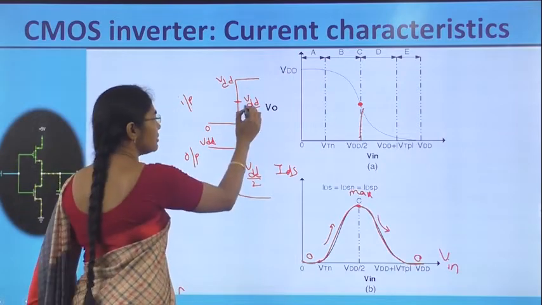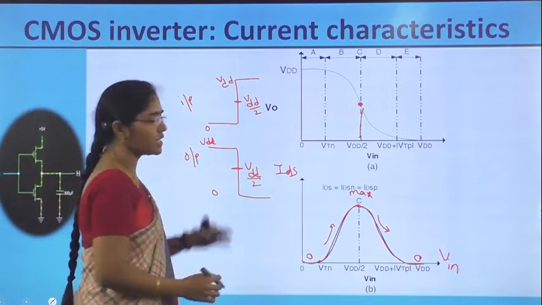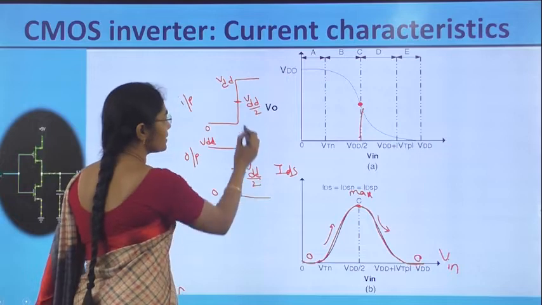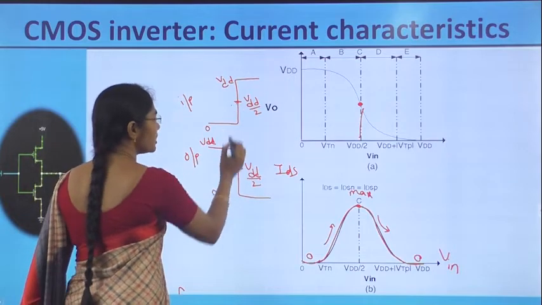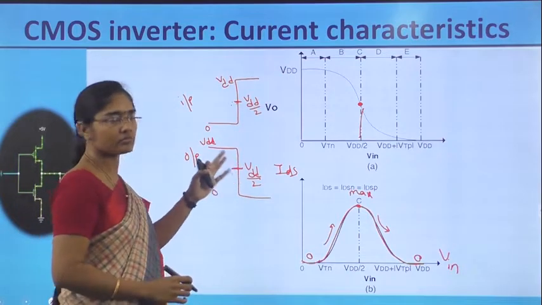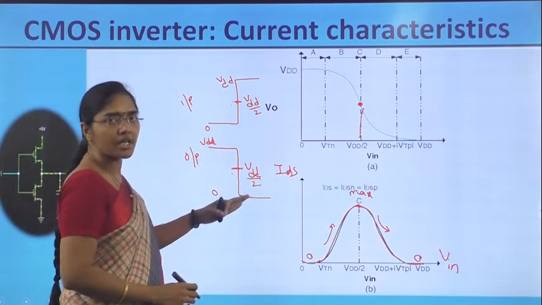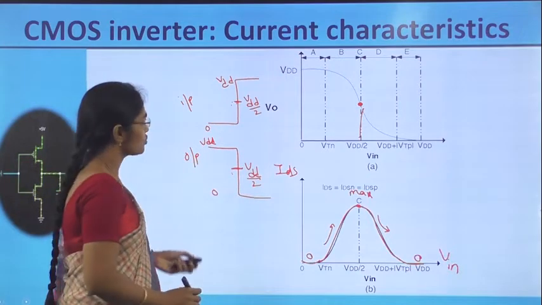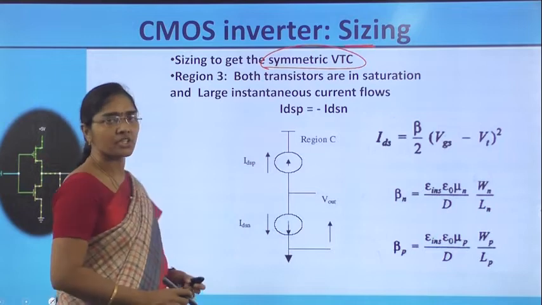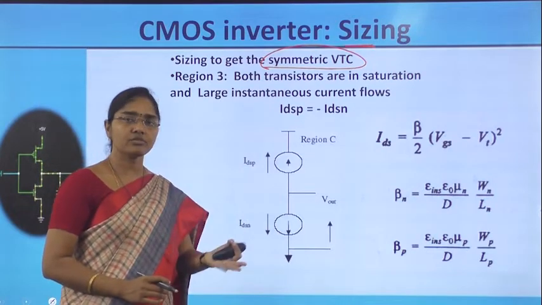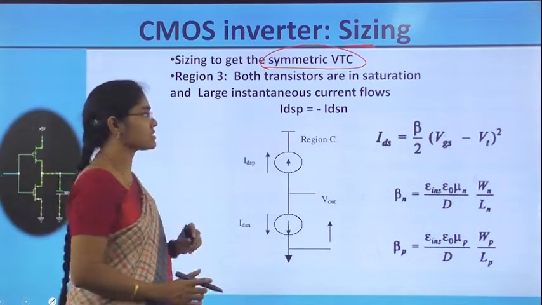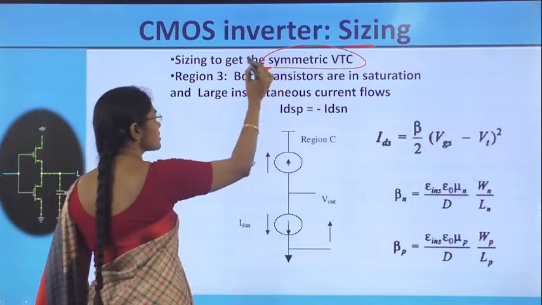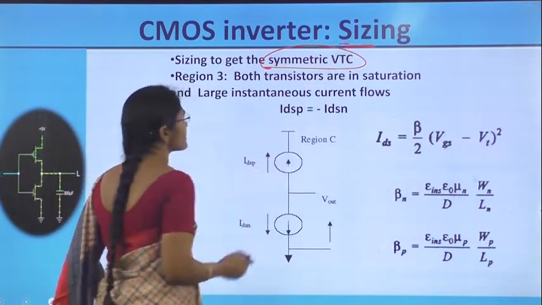When Vin is equal to VDD by 2, the output is also VDD by 2. So, getting both voltages equal is called symmetric characteristics. To get this, what should be the size of the PMOS and NMOS transistors? So, for symmetric characteristics, we are going to calculate the sizing part.